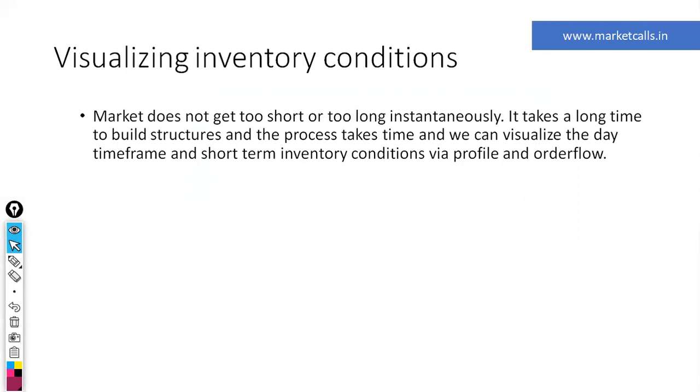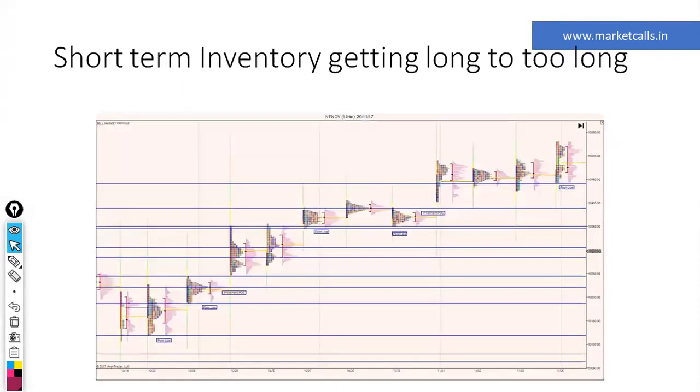We can visualize whether the daily time frame is getting too long, or the shorter time frame is getting too long, or who exactly is getting too long. That's what we can assess from inventory conditions. You can assess inventory conditions via the profile, and also in terms of order flow. So let's look into one scenario.